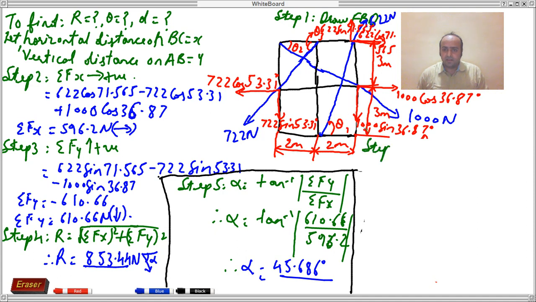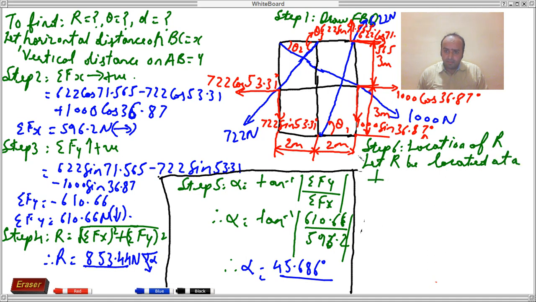Step 6, location of R. Let R be located at a perpendicular distance small d to the right of B. That means since it is acting towards fourth quadrant, simply what we are assuming is let this resultant be passing somewhat like this.